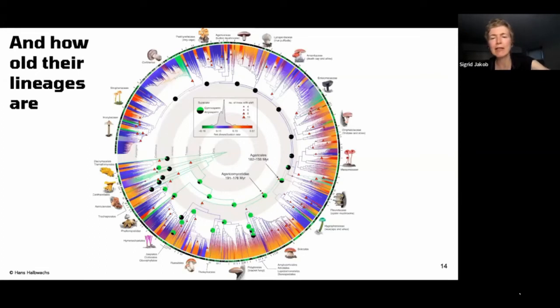So it's led to this beautiful understanding of how all fungi are related, and it showed us that many traits and characteristics have evolved over and over again and show up in many different ways in many different kinds of taxa. So it's been an amazing thing for mycology to have these techniques, but that's not all.